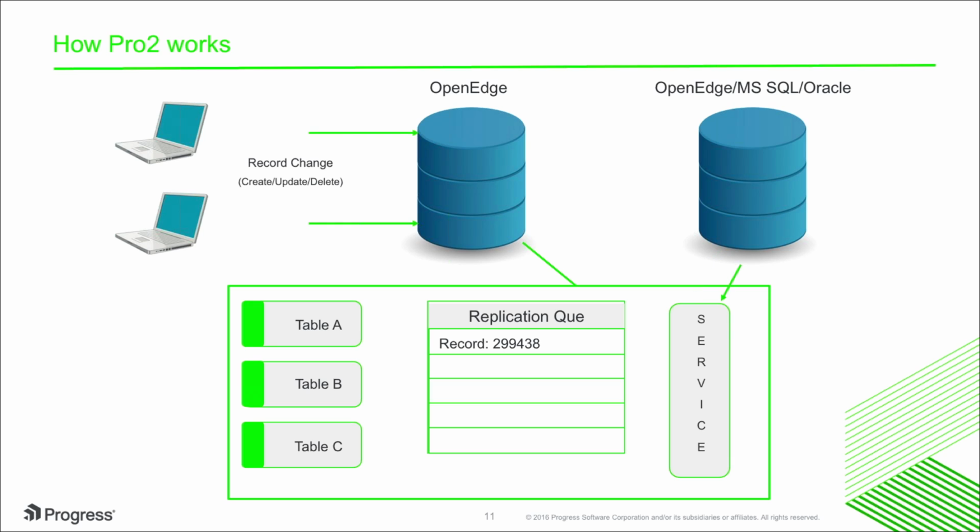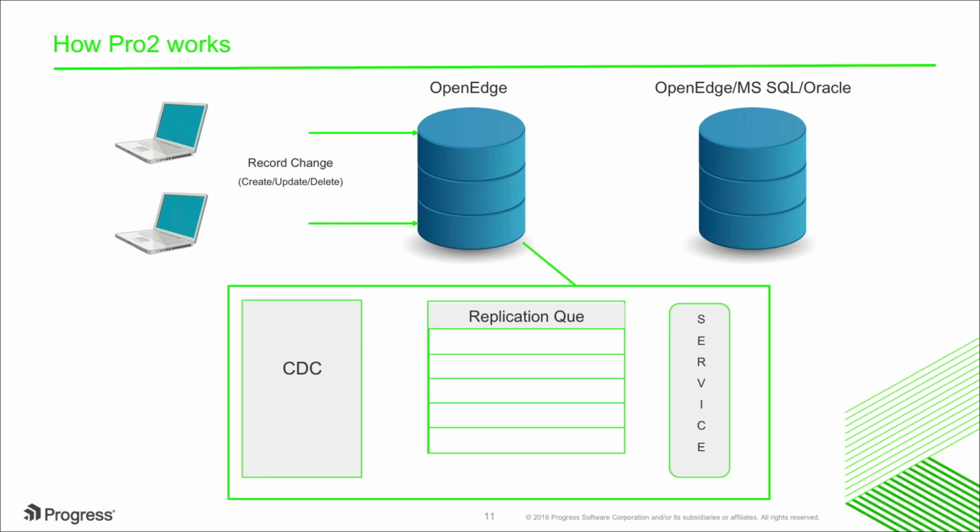The service receives a response from the target database on the success or failure of the operation, and this, if successful, will flag the record as replicated or delete it from the queue based on how you configure Pro2. If the replication process failed, Pro2 will provide logging and notification and will continue to attempt replicating that record.